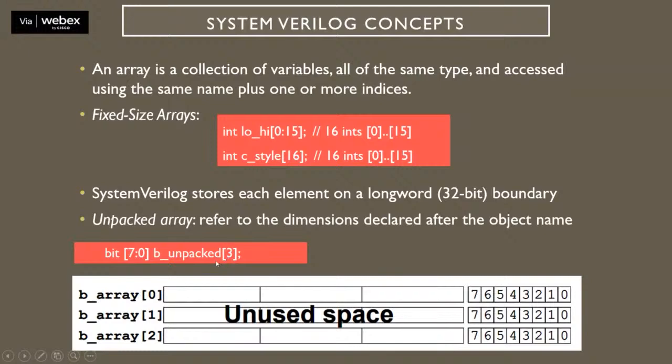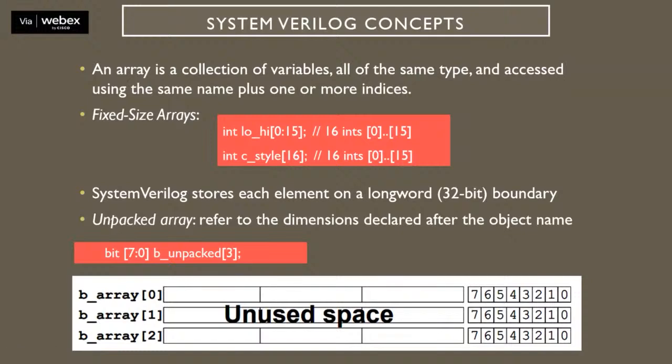So it is 3 here, and for reference's sake it is taken as array b underscore. Since we have 3 here, it indicates 0, 1, 2, and each one is going to be of 8 bits.